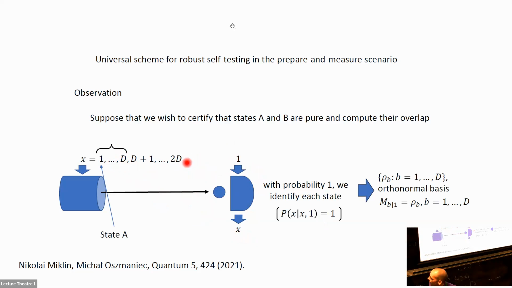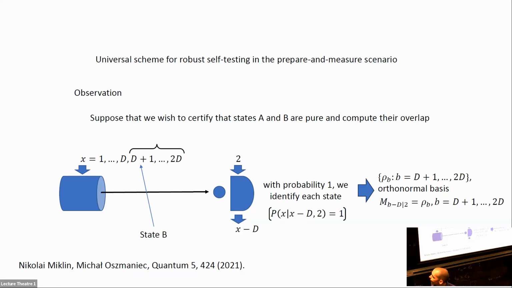Suppose that the statistics are such. The only way that this can happen in dimension D is that all these states are from an orthonormal basis, and also that the measurements that you're conducting are equal to the elements of the basis, to the projectors.